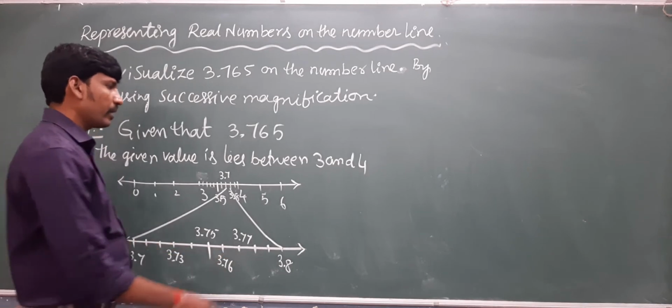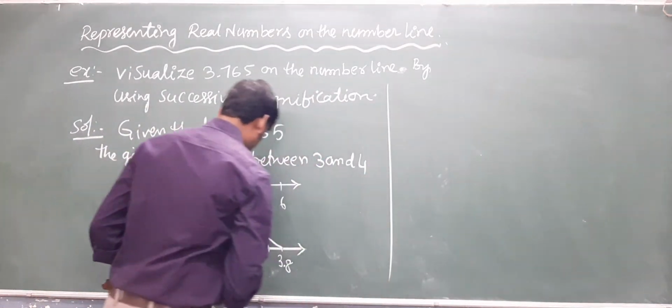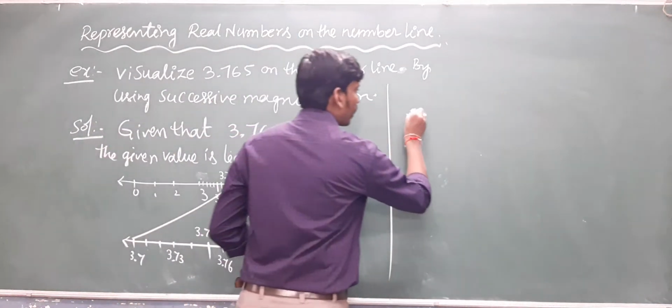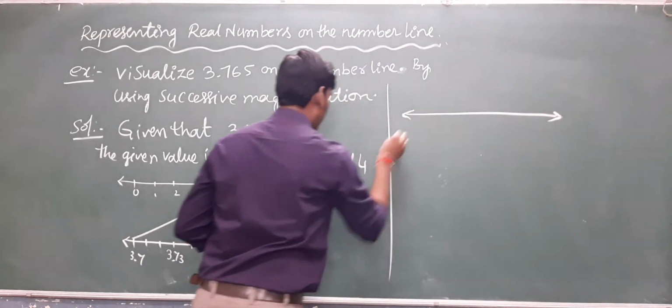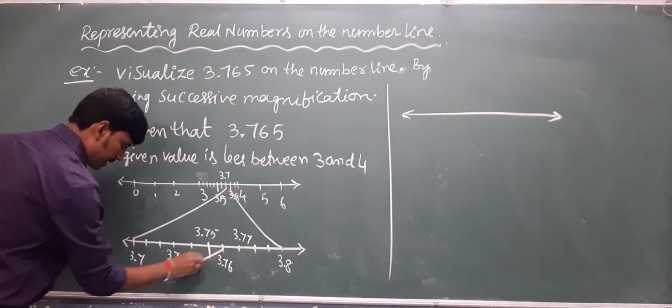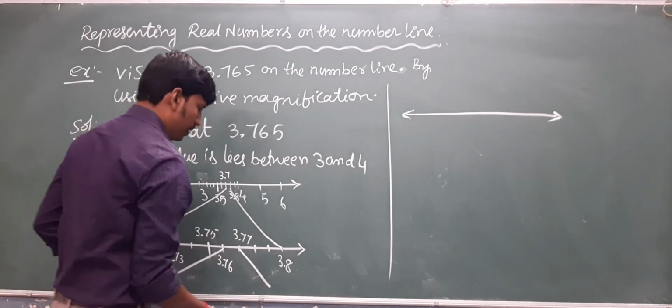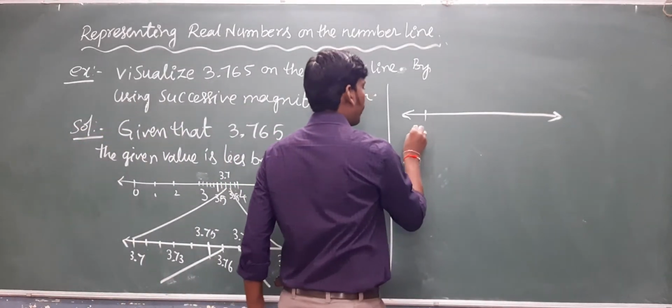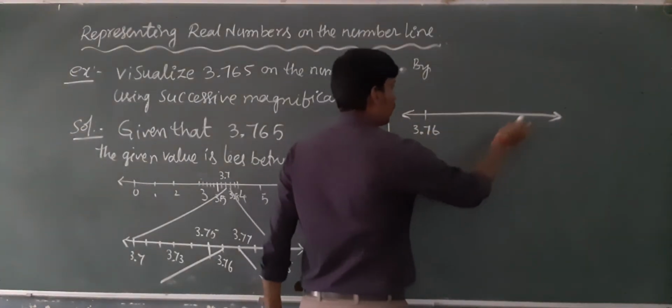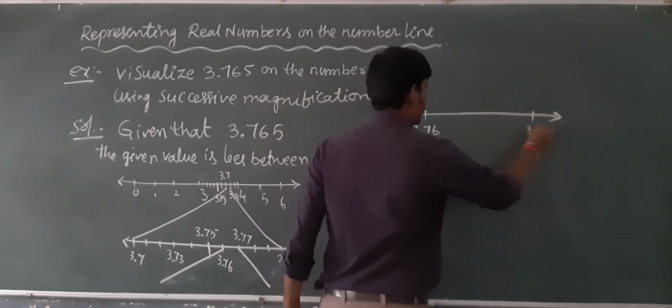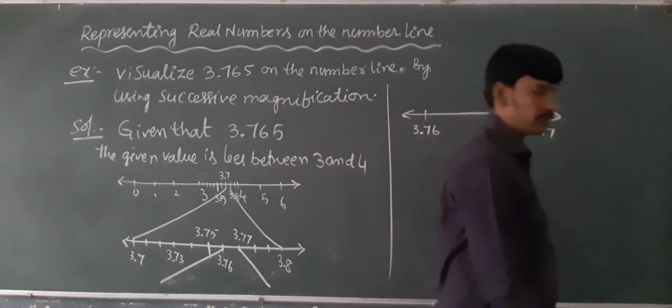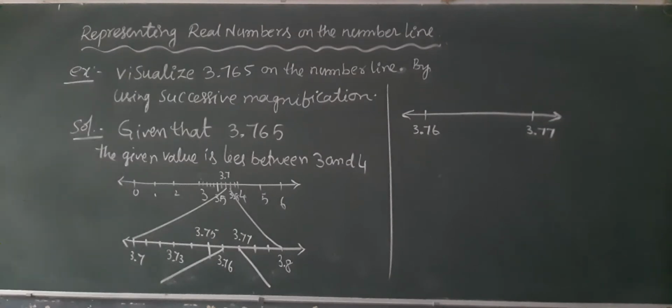Now I am going to consider that one. These two values I am going to take here, 3.76 and the last 3.77.